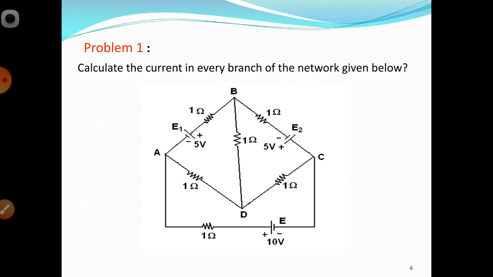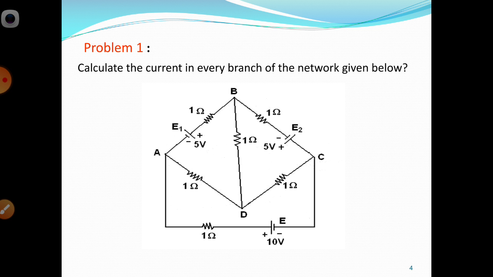Just listen to the procedure. The values may be 1 ohm, 2 ohm, 3 ohm, whatever ohms are given, but a procedure is required. Now in this case, across AC we connected a 10 volt voltage source along with 1 ohm, which may be the internal resistance.